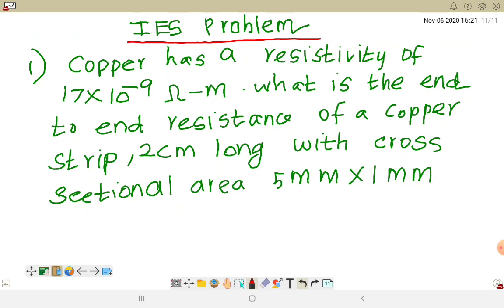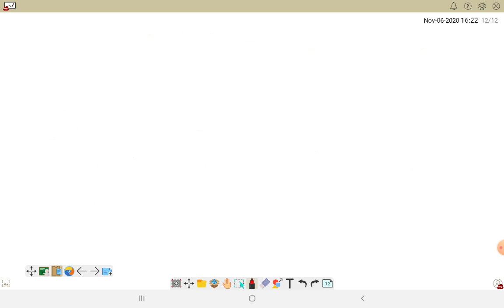First of all, what are the data given in the problem? First one is resistivity, the length of the conductor is given, and the area of cross section of the conductor is also given. First of all, I am going to write the data given. So rho equal to 17 into 10 power minus 9 ohm meter.